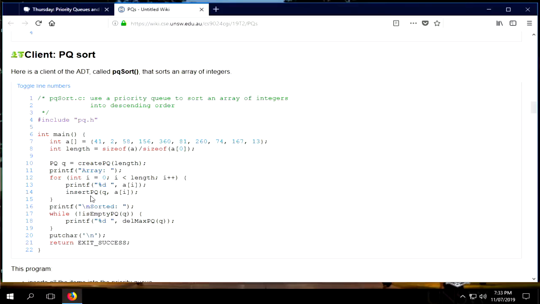Then I print the word sorted, magically, and then while the queue is not empty, I delete the maximum element. I pop the maximum element. That's another word, remember? Del max is pop, pop max.